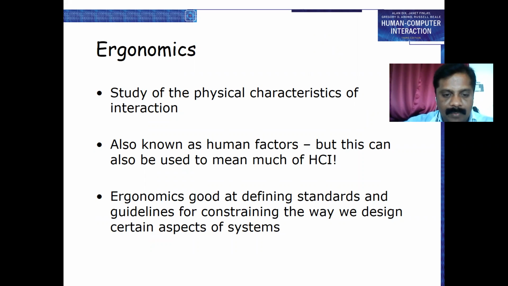The third point is that ergonomics is good at defining standards and guidelines for constraining the way we design certain aspects of systems. Here we have some standards and guidelines for interaction, and all that is taken care of by ergonomics.